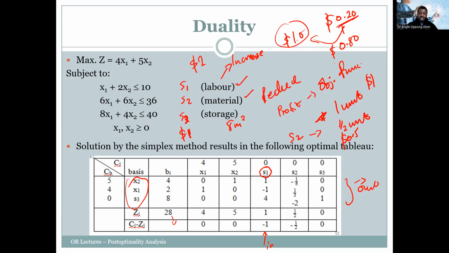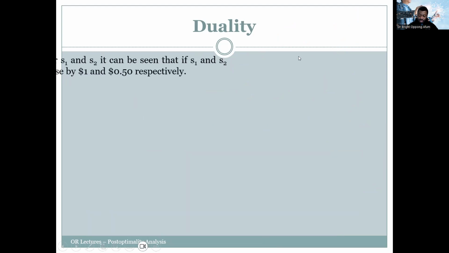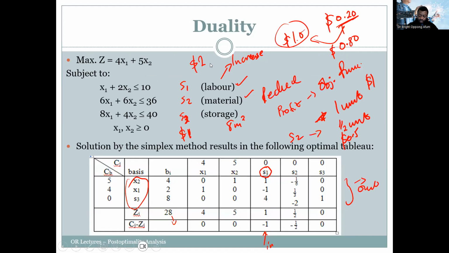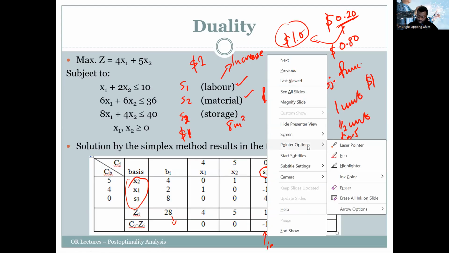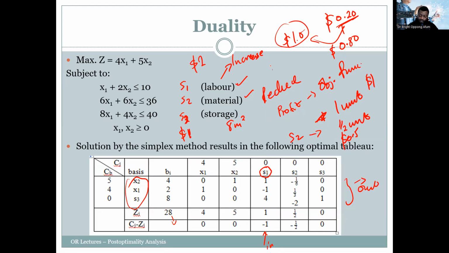Does it worth to do that, right? So that's what duality is teaching us. Again, if S2, which is the material resources, we try to increase by 1 unit, then it means that we may be increasing the profit by this margin, 50 cents, right?